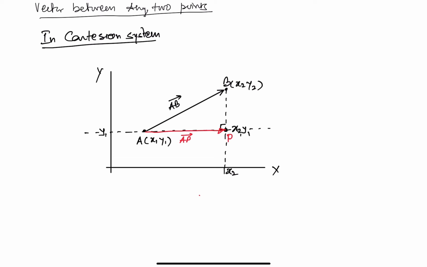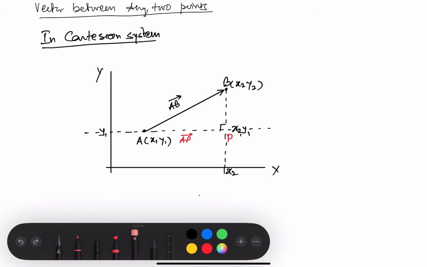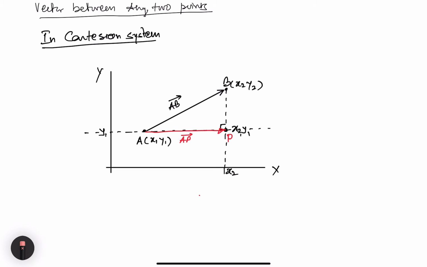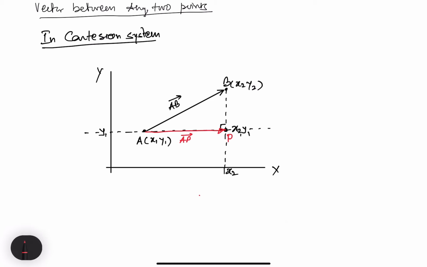What is the other vector? From P to B. I can call this vector PB. Is this clear?